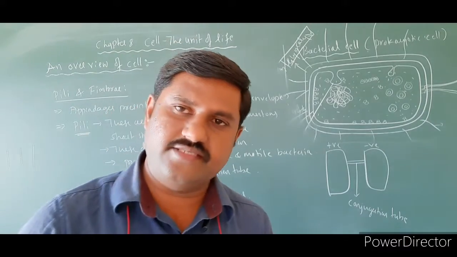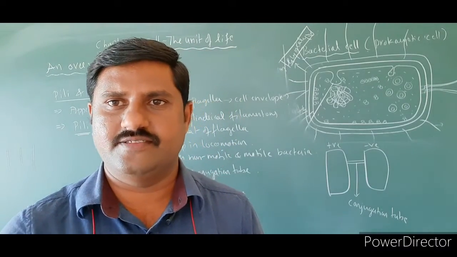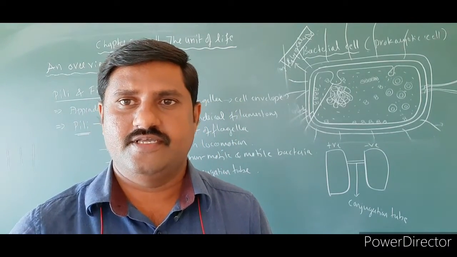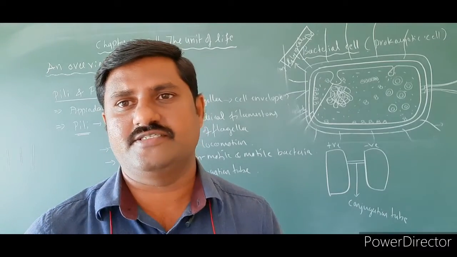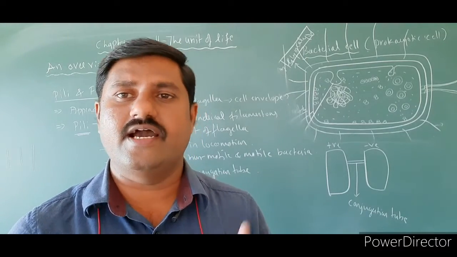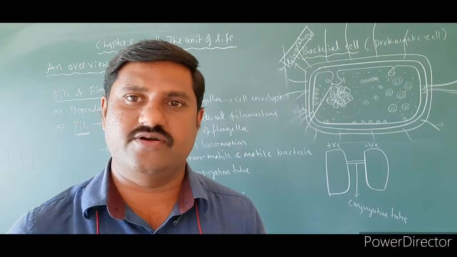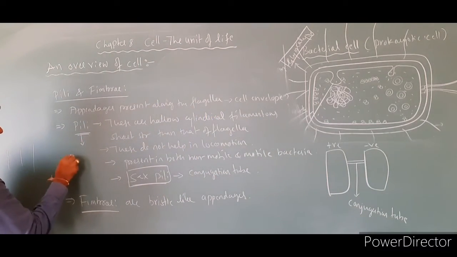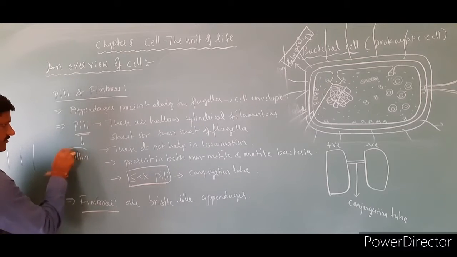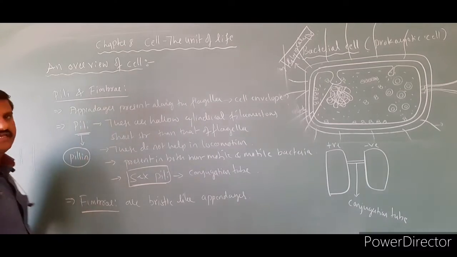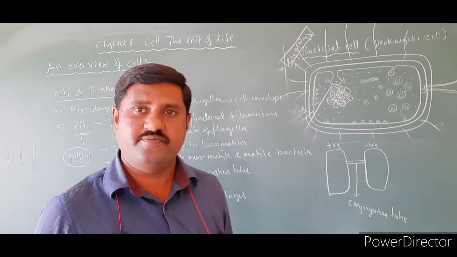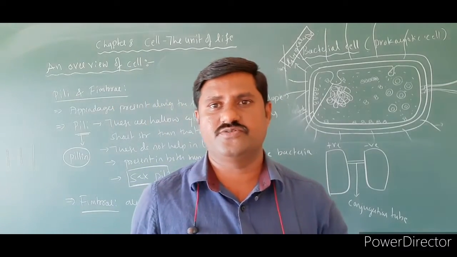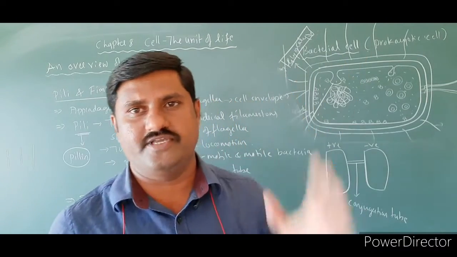These fimbriae are made up of proteins, that is, helically arranged proteins, and pili are also made up of a protein called pillin. Right? One more point we noted here. So pillin is the protein the pili are made up of, and fimbriae are also made up of helically arranged proteins.